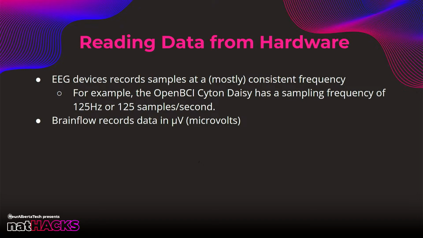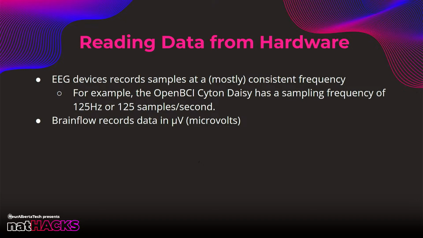Instead of sending out one sample at a time, they might collect them and then send 2 to 4 samples. So depending on where you stop your recording, there might be slight differences in the number of samples. It might not be exactly the amount of samples you expect. And as far as the frequency, the OpenBCI records at a sampling frequency of 125 hertz, which means that every second it outputs 125 samples.